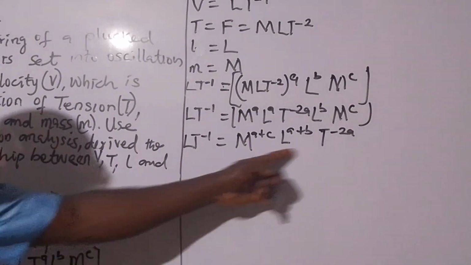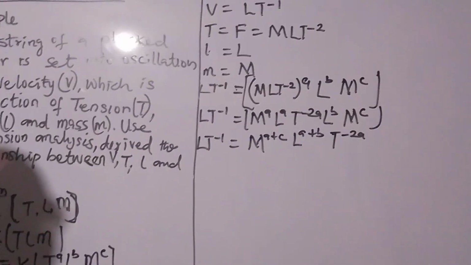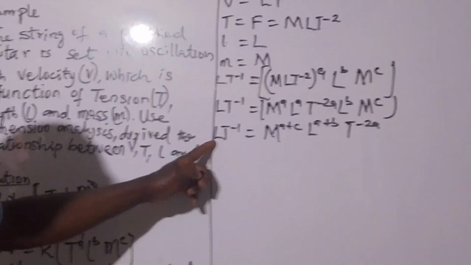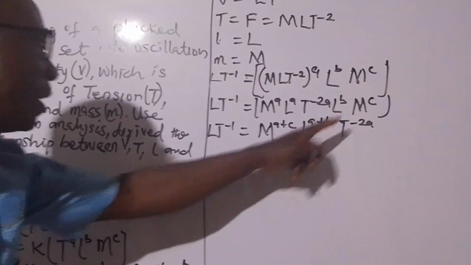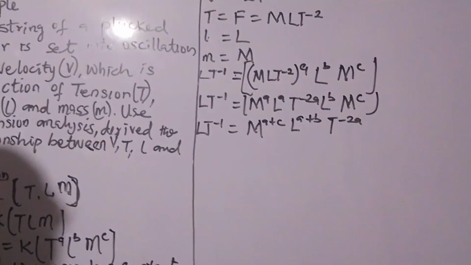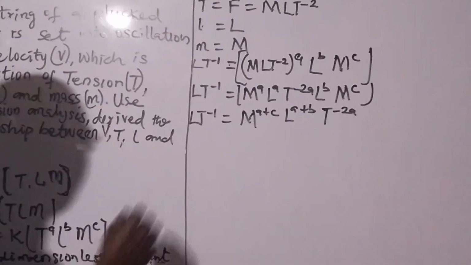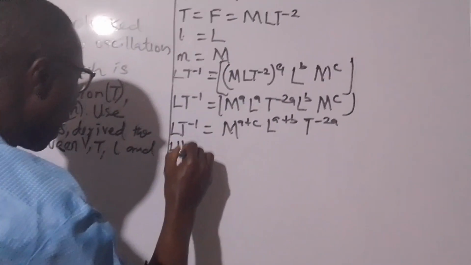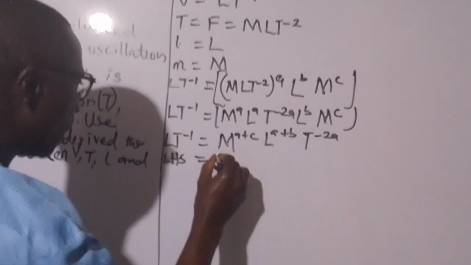Now, we have just three terms here. Here we have L and T. Here we have M, L, T. Let's do the justice. Left hand side must be equal to right hand side.